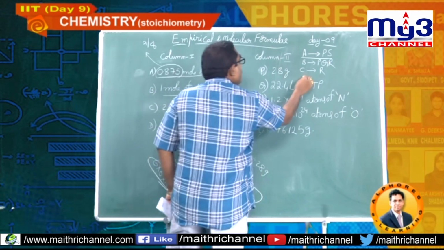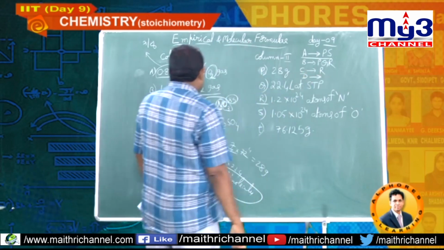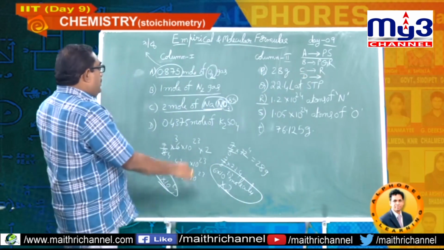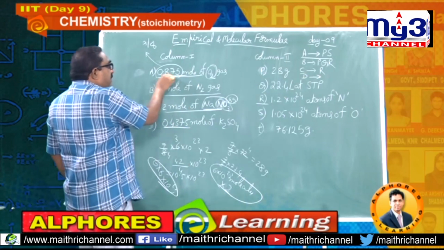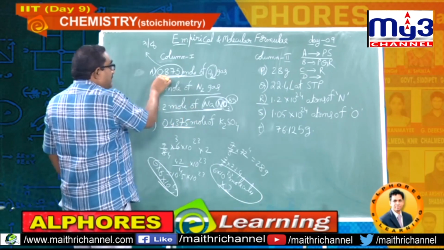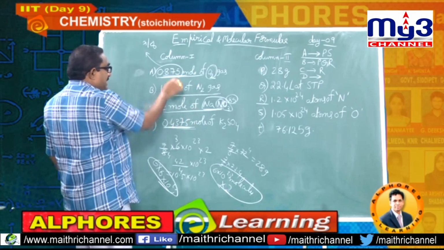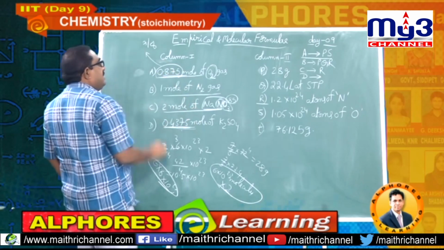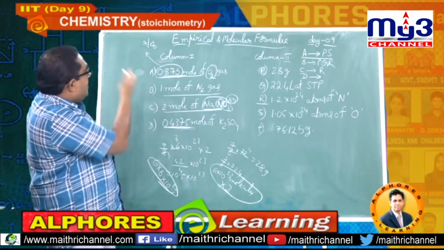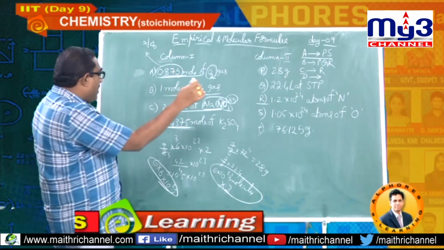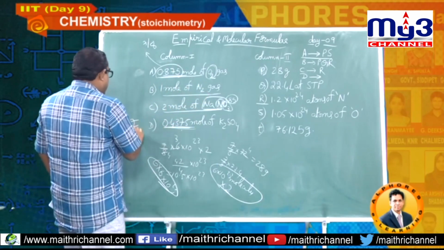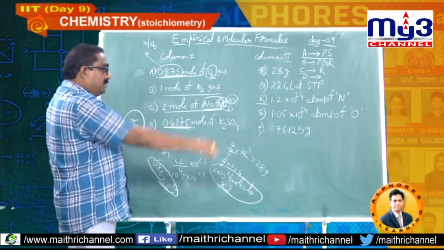Next, I will go for D. 0.4375. If we observe the fractions clearly, this is exactly half of this. 0.875, you can write it as 7 by 8. Half of that you can write it as 7 by 16 moles, no doubt.